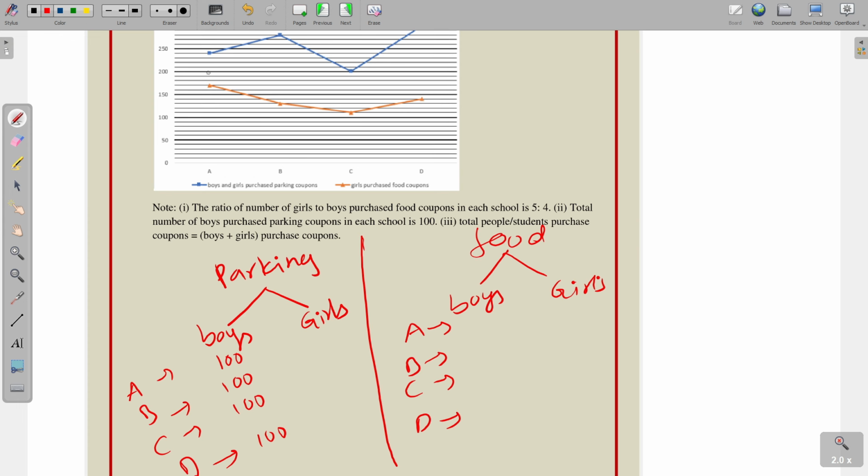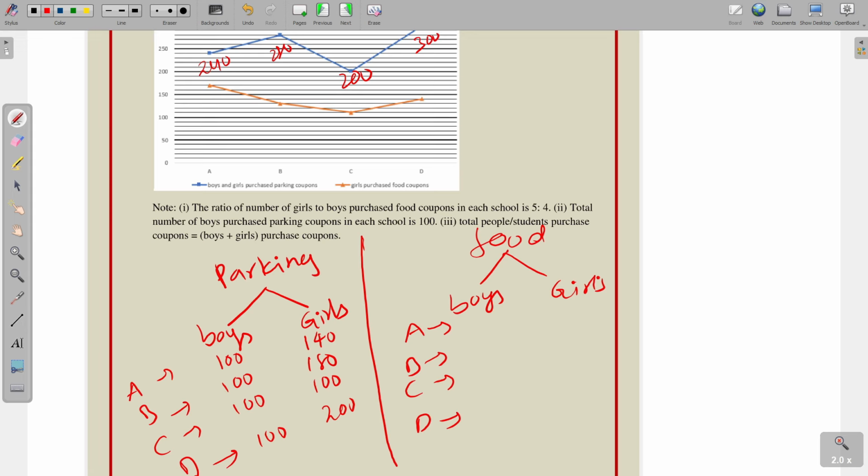For A it is 240, so remaining is 140. Next one 280, remaining is 180. Next, 200 for C, so remaining girls is 100. Next 300 means it is 200.